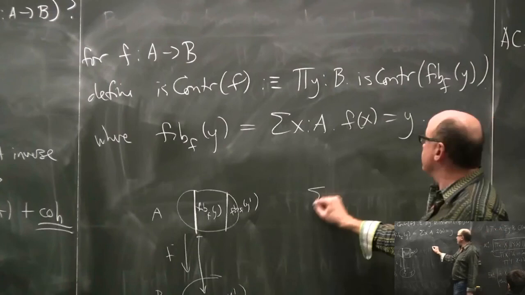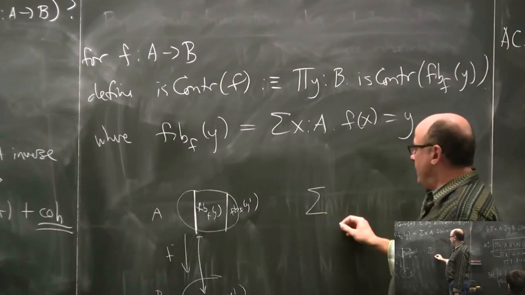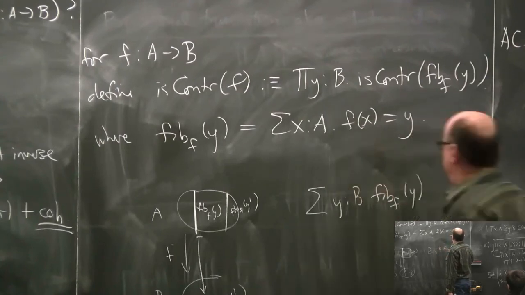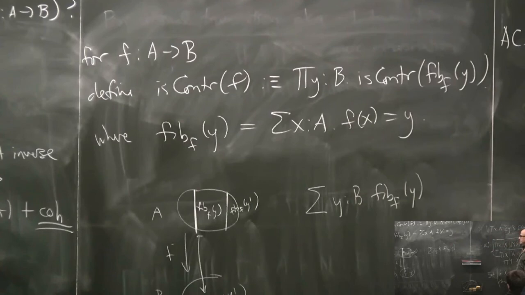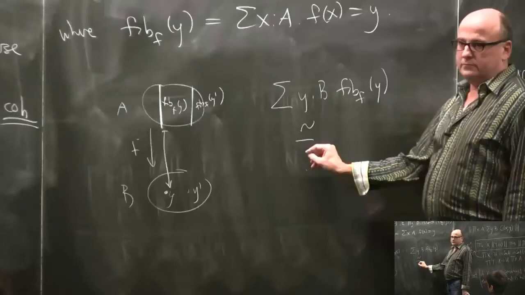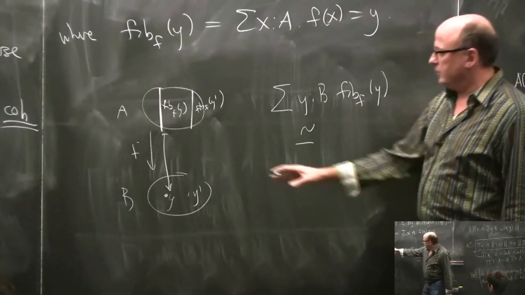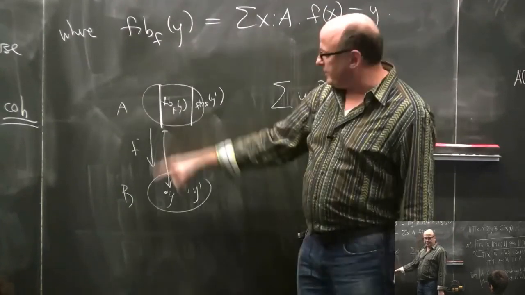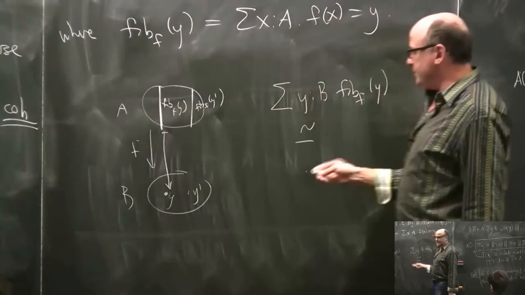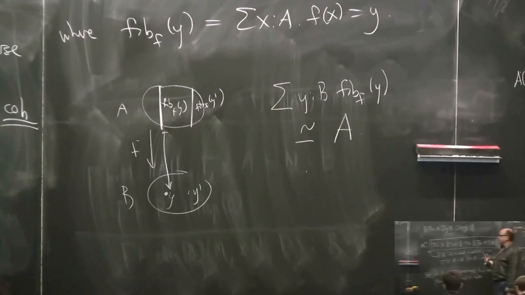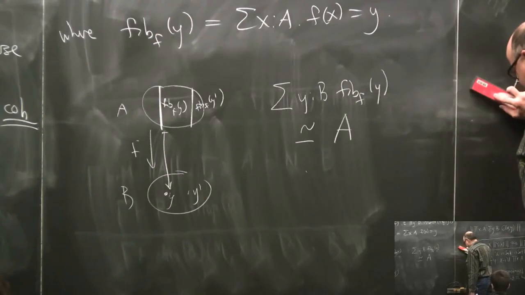If I look at the sum over y in B of all the fibers of f over y, what do you think that space might be? Well, f is a function that takes everything in A down here, so if I sum up all those fibers, I should get A. So check that.